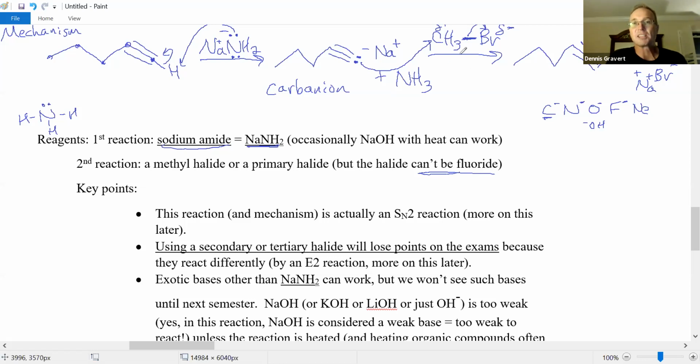What kind of molecule can you put over the arrow? What kind of halide? They have to be the methyl halide or a primary halide. If you use a secondary one, so here's a secondary one. Remember how you classify the halides? You try to talk to the halide, hey bromine, what degree are you?